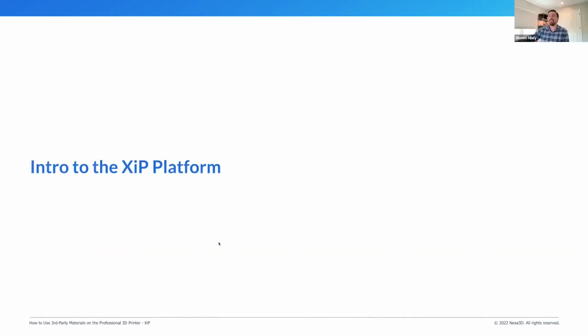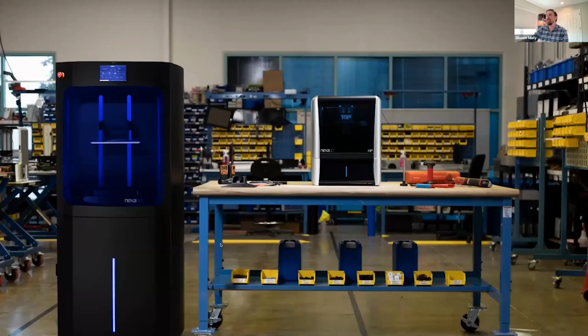All right, so I'm going to give you guys a quick intro to the XiP 3D printing platform. The printer on the left there is the NXE400 Pro. That is Nexa3D's industrial offering when it comes to resin 3D printers. It is an ultra fast industrial high throughput resin 3D printer.